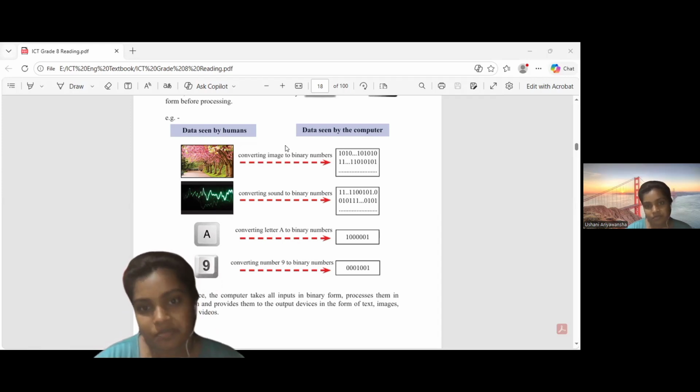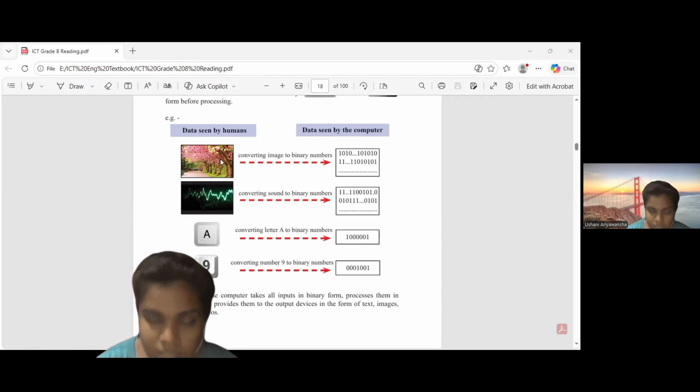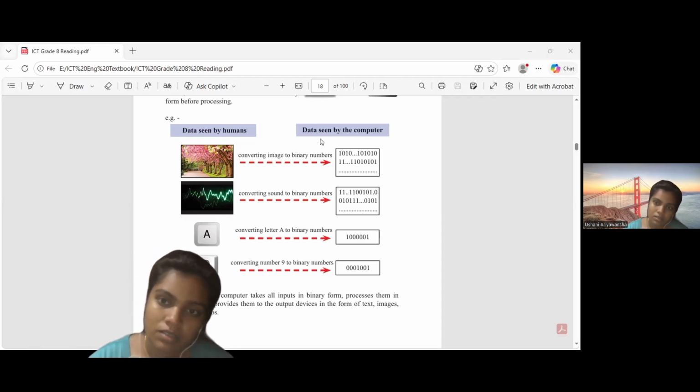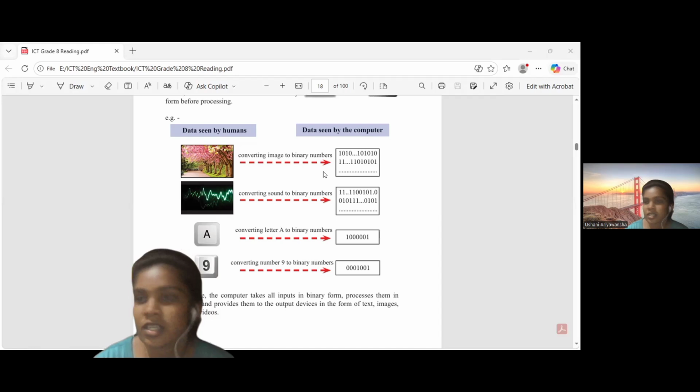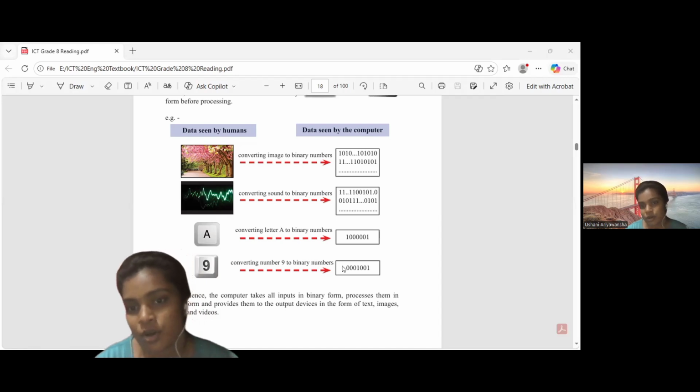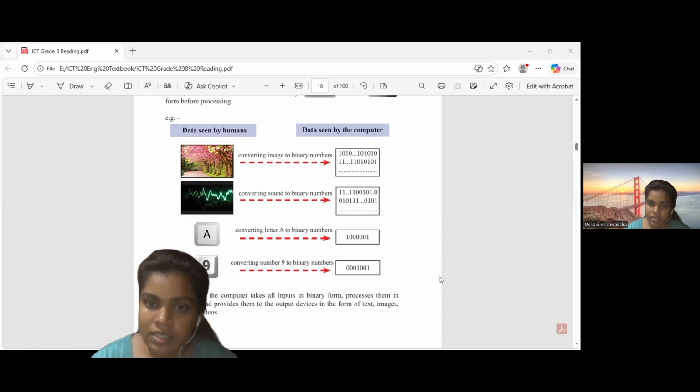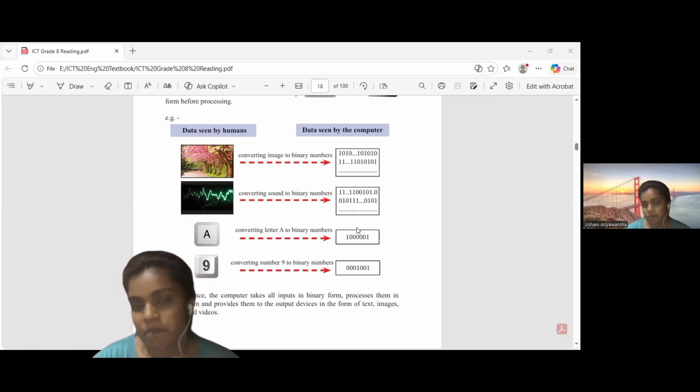So, how does a computer understand these data? All these should be converted to the binary form like this, right? We discussed these earlier.